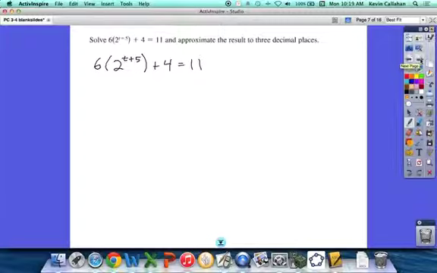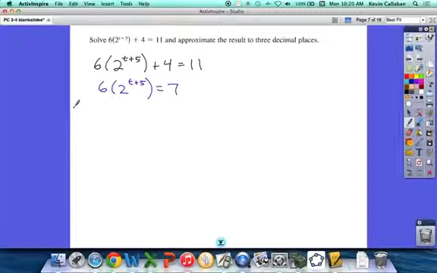Okay, here's another one. It's a little more complicated. What's the first step? Isolate by subtracting 4, right? 6 times 2 to the t plus 5 equals 7.